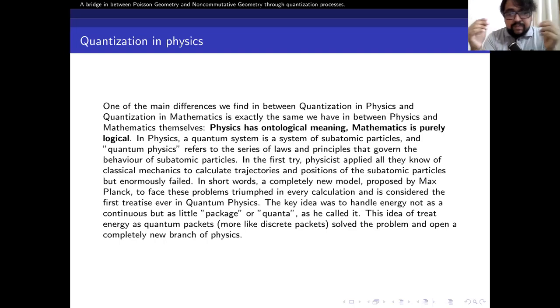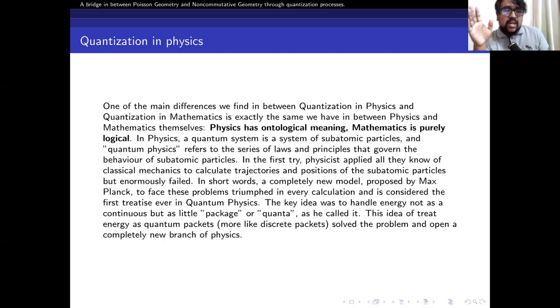The first time, when physicists so many years ago applied all they knew of classical mechanics to calculate trajectories and the position of the subatomic particles in such systems, they enormously failed. In short, a completely new model proposed by Max Planck to face these problems triumphed in every calculation and is considered the first treatise ever in quantum physics.